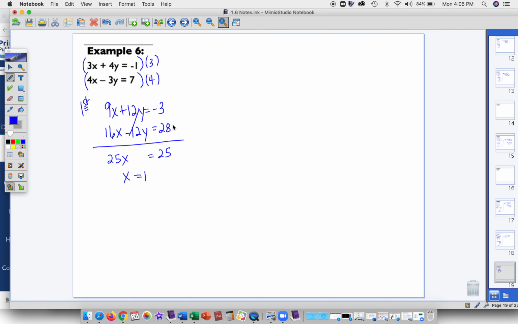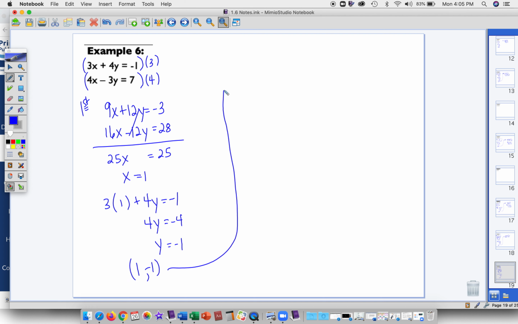If I plug that back into, it doesn't really matter, I'll just choose the first equation. I get 3 times 1 plus 4y equals -1. So 4y is equal to -4. So y is equal to -1. So let's do a quick check.